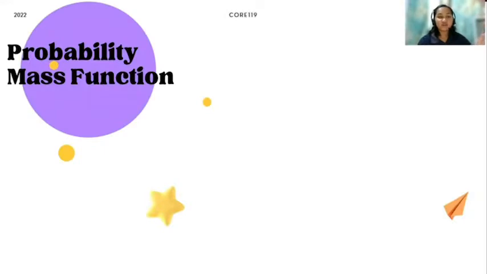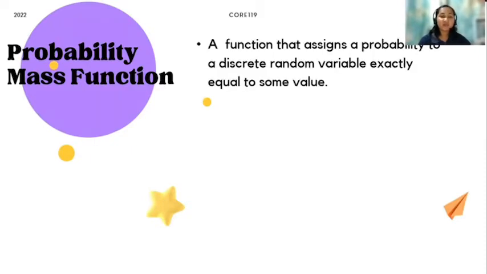Another concept that you need to know that is related to probability distribution is the probability mass function. It's a function similar to a random variable, but a random variable is more of assigning numbers. In this case, it is a function that assigns a probability to a discrete random variable exactly equal to some value.